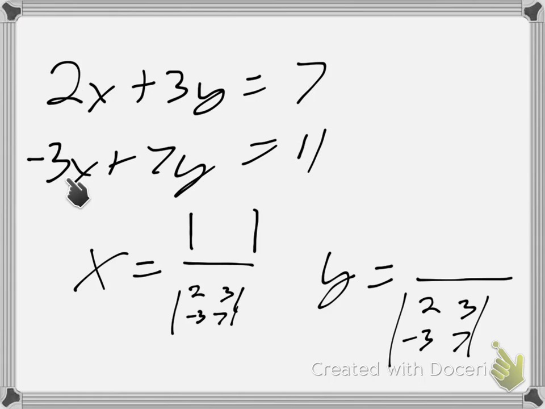So instead of writing 2 and negative 3 in its column, you would write 7, 11. Yes, I did that on purpose. And then on the y one, you would write 2 and negative 3, instead of writing 3 and 7, you would write 7, 11. So it'd be determinant divided by determinant, 2 by 2 divided by 2 by 2. Very quick, very easy. Once you get the notation and you know where the numbers go, it's fast.